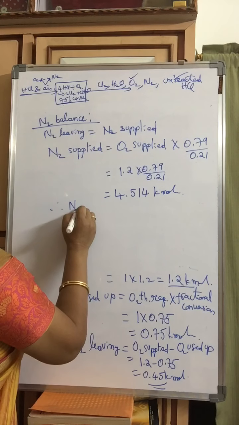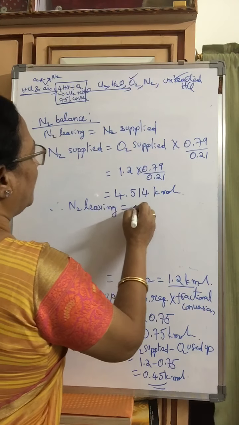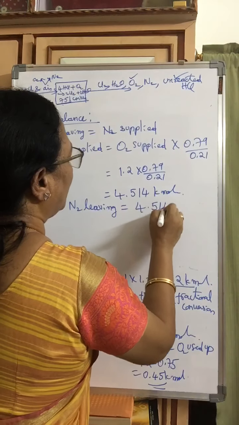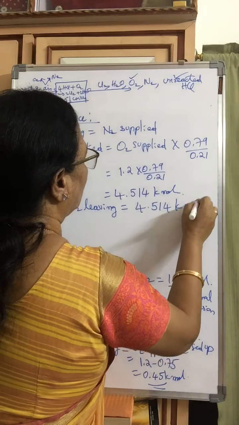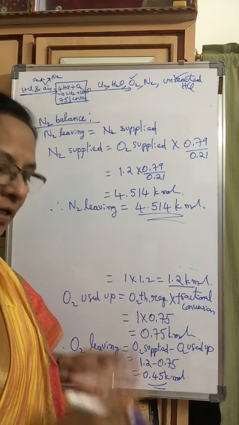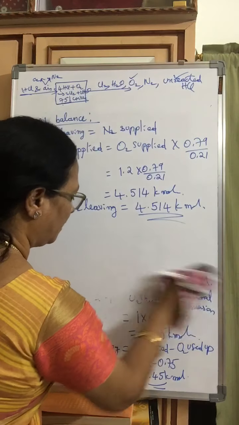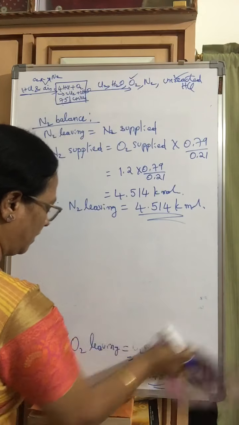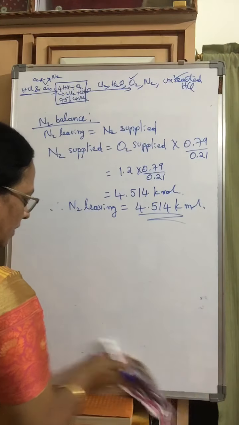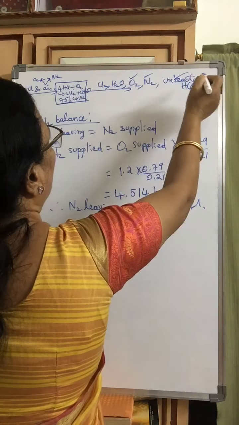Therefore, nitrogen leaving is 4.514 kilomoles, because whatever amount of nitrogen enters, the same amount leaves. So the nitrogen balance is also over.